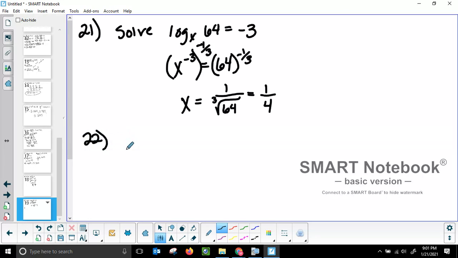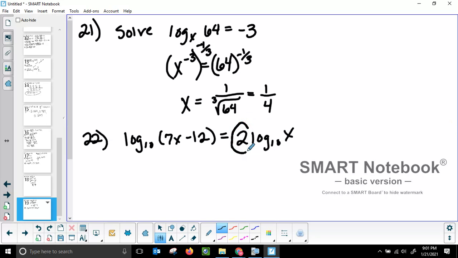22. Solve log base 10 of 7x minus 12 is equal to 2 log base 10 of x. We want to use the fact that if log base b of x equals log base b of y, then x must equal y. But before we can do that, we have to move this 2 up here as an exponent.